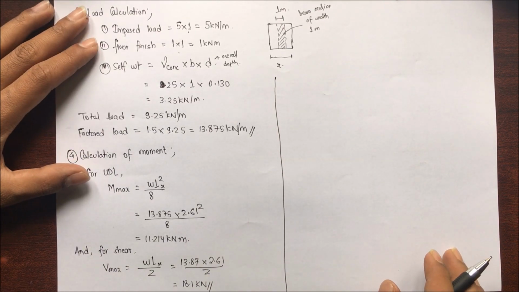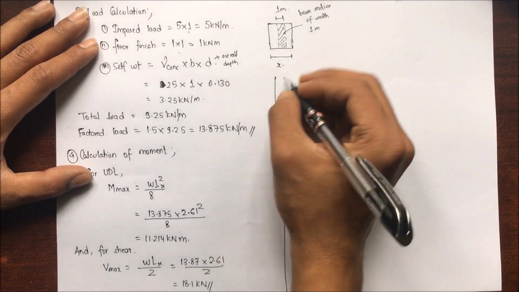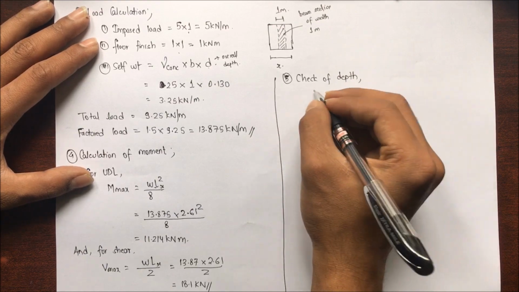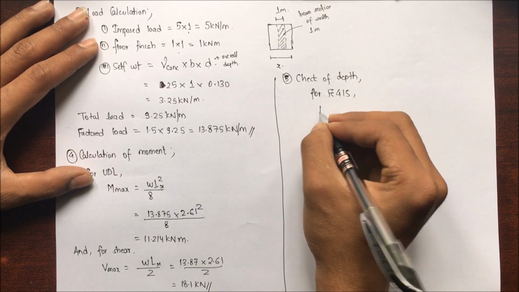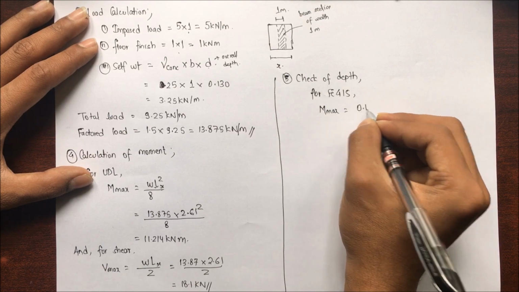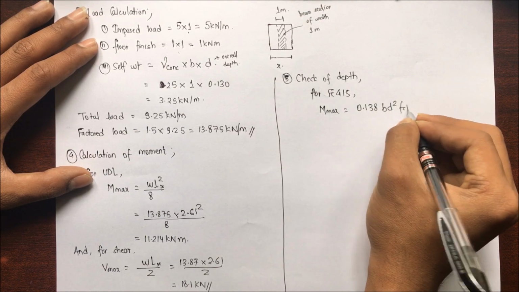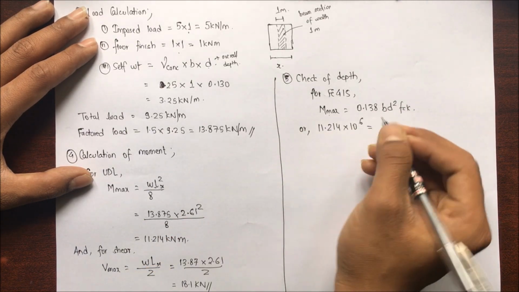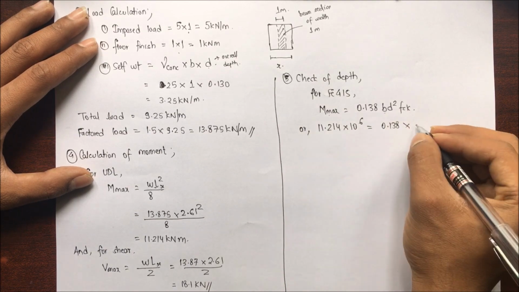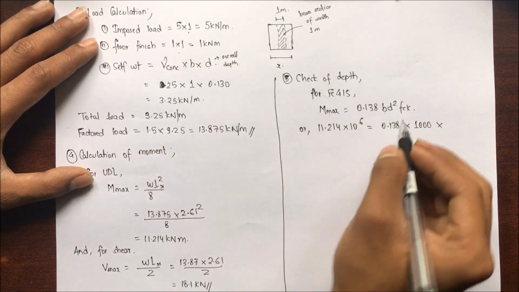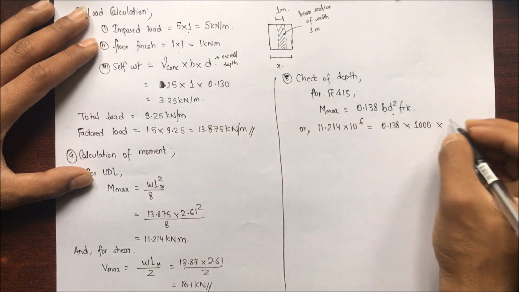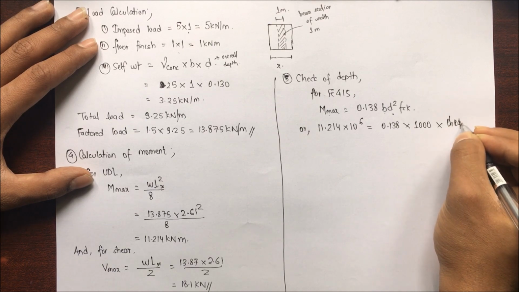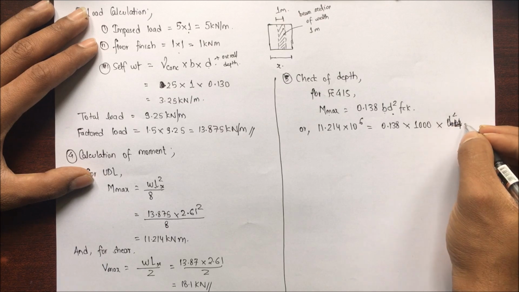Moving on to the next step, that is the check of depth, whether the depth of the slab is sufficient to carry this moment. So for Fe 415, Mx is equal to 0.138 B D square fck. Substitute the value of moment 11.214 into 10 to the power 6, converting into Newton mm, 0.138, B is 1000 mm, D square into fck, that is 20.